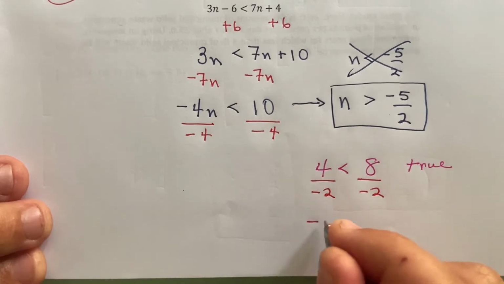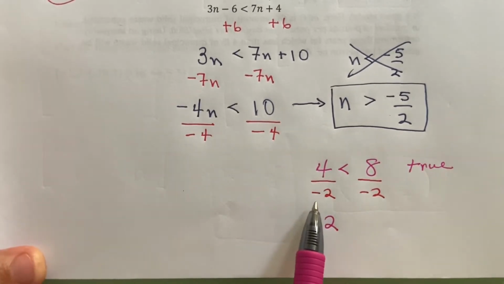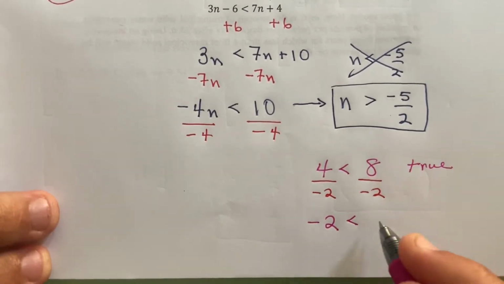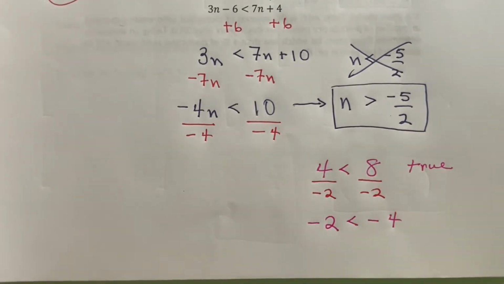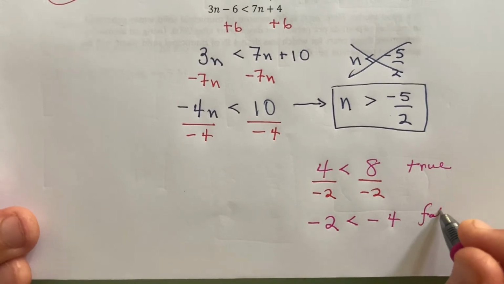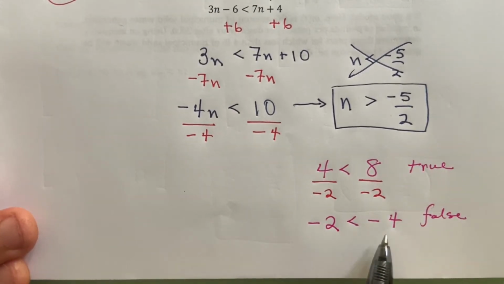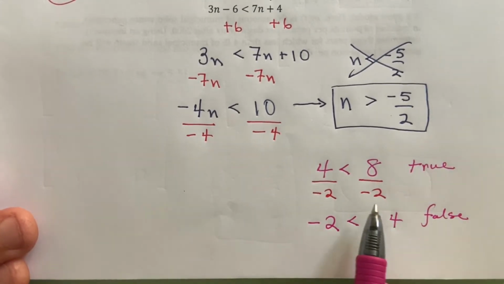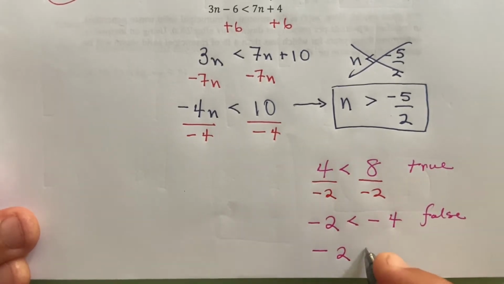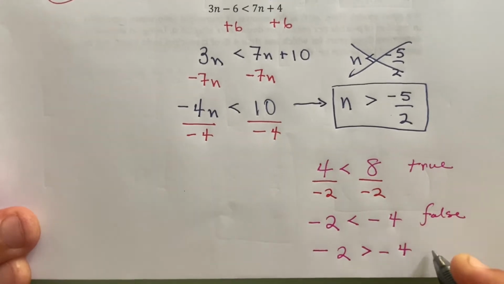Is it still true that negative 2, the result here, is less than negative 4? This is now false. Negative 2 is actually greater than negative 4. So to keep the trueness, we need to flip. And now this is true again.